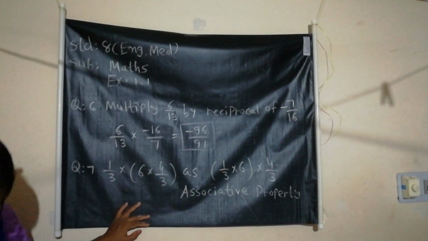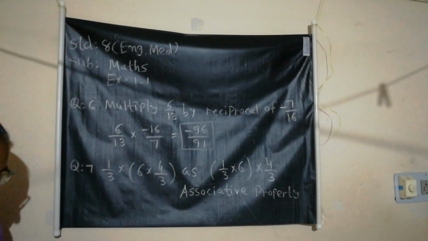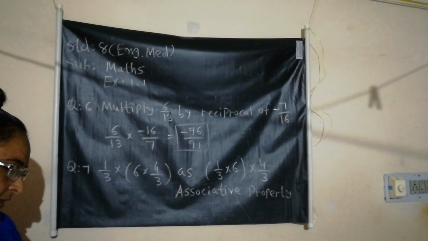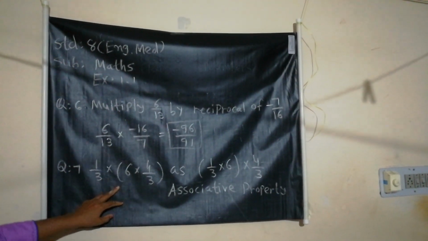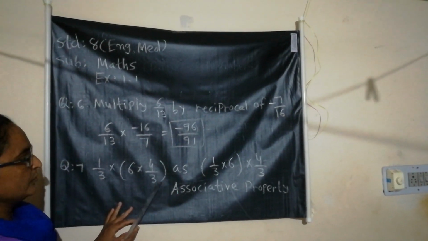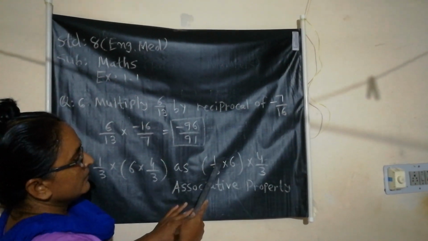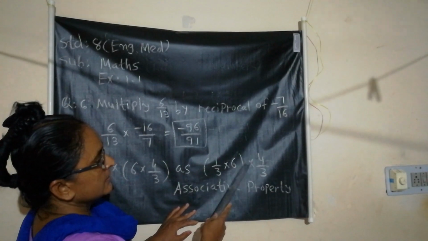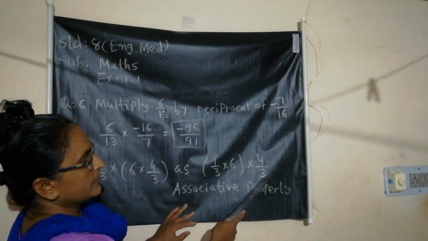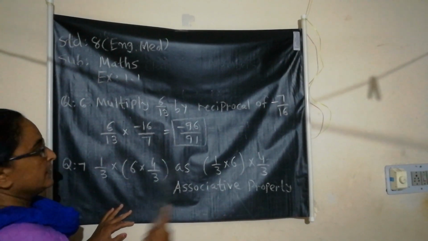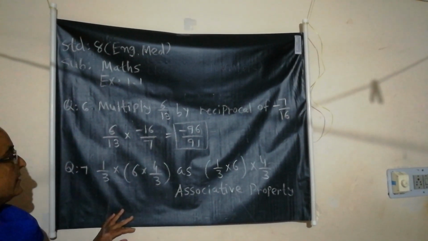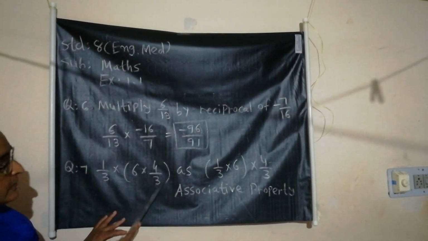Now question number 7. Tell what property allows you to compute 1 upon 3 in bracket 6 into 4 upon 3 as 1 upon 3 into 6 in bracket multiply 4 upon 3. Here both the numbers are the same, 1 upon 3, 6 and 4 upon 3.